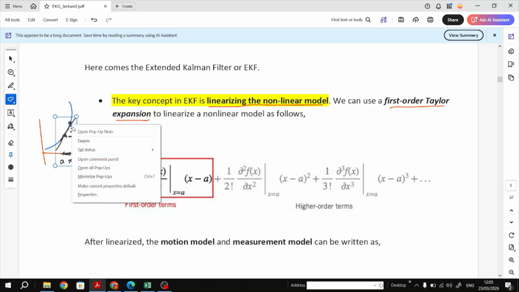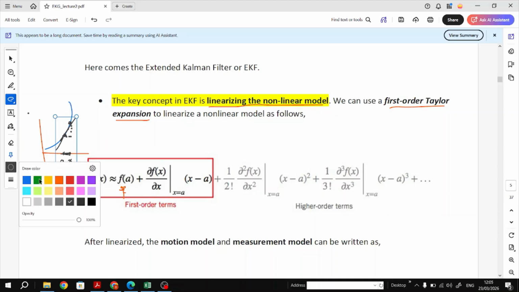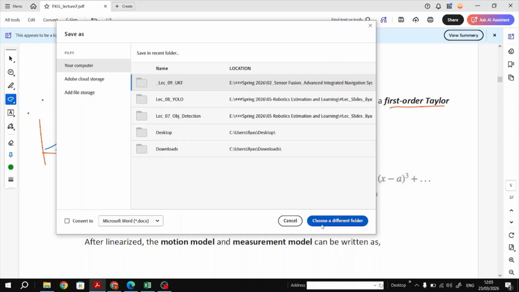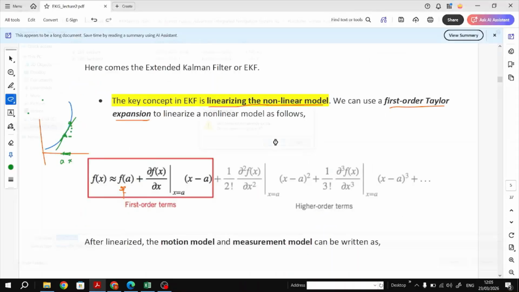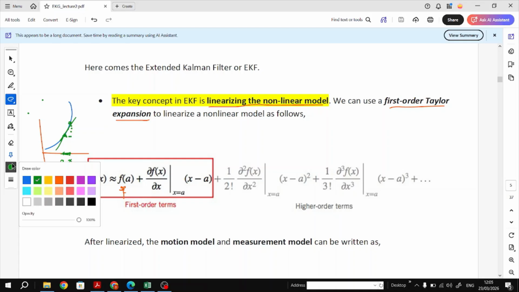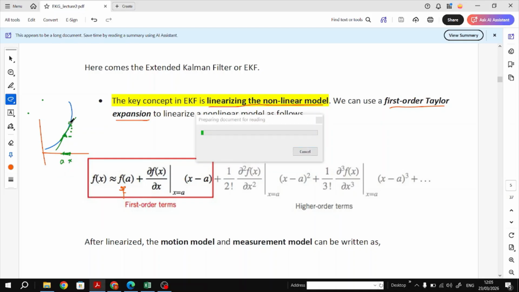There is a little error if you see here, depending on the nonlinearity. You can observe a little difference between this point and this point, right?